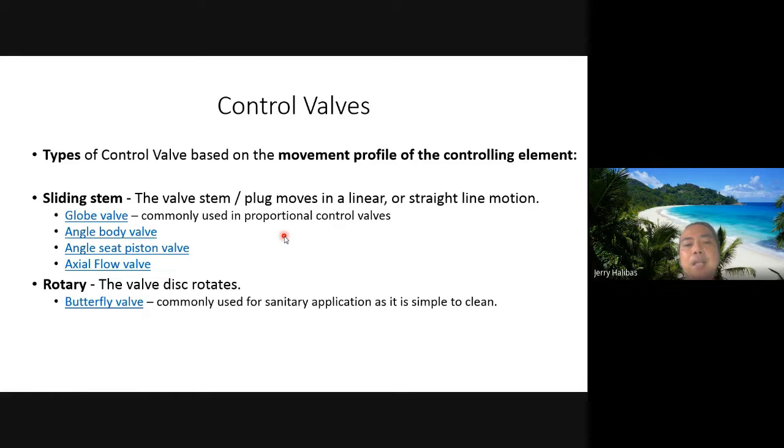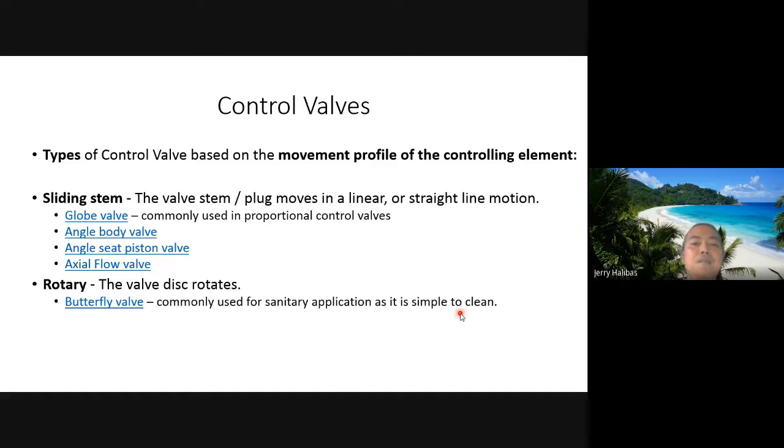Another is the butterfly valve. The butterfly valve is commonly used for sanitary applications as it is simple to clean. Unlike the ball valve, which you have to clean because of the sphere, the butterfly is like a coin that you flip, a flat circular surface.